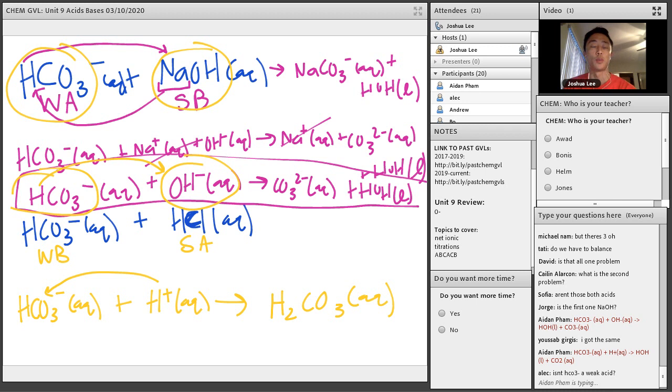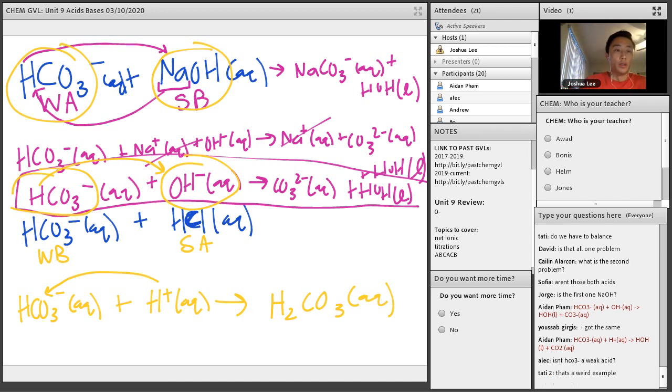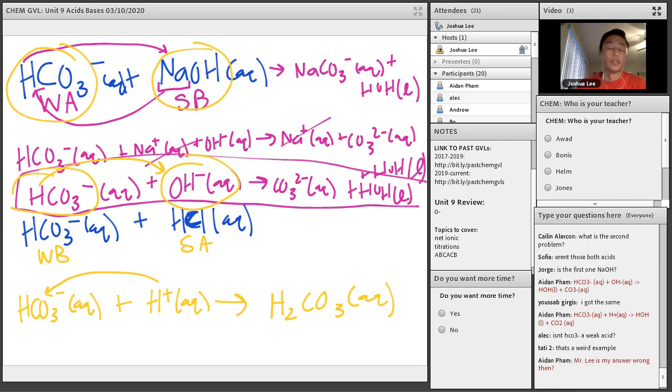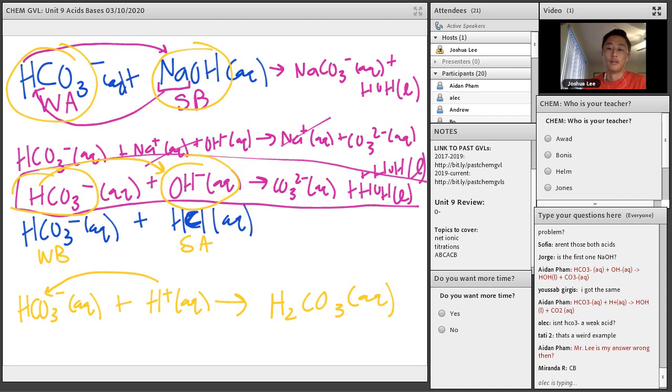See, that's where things could go awry because in the first one, HCO3 minus acted as an acid. The second one, it acted as a base, meaning HCO3 minus is what?